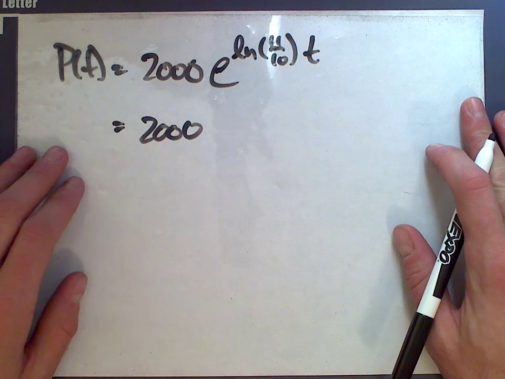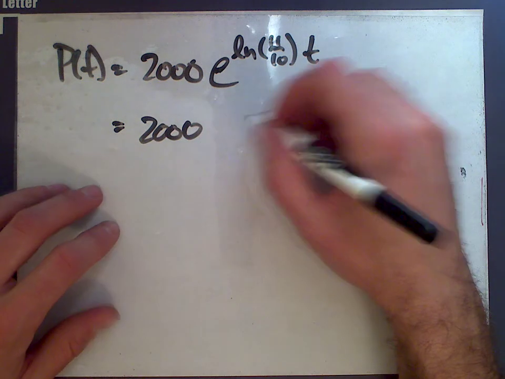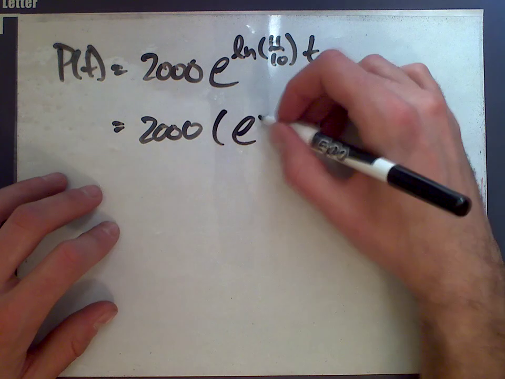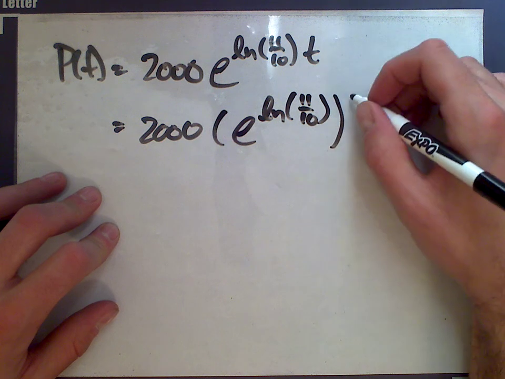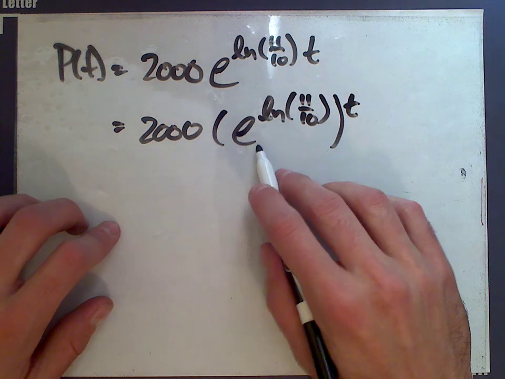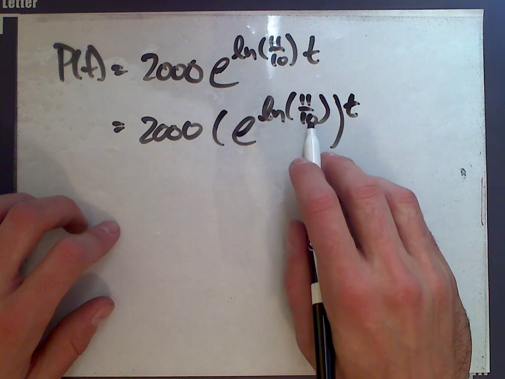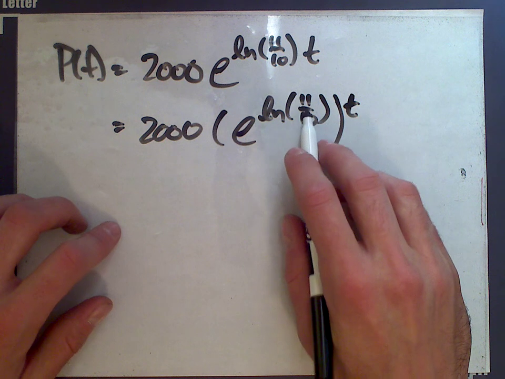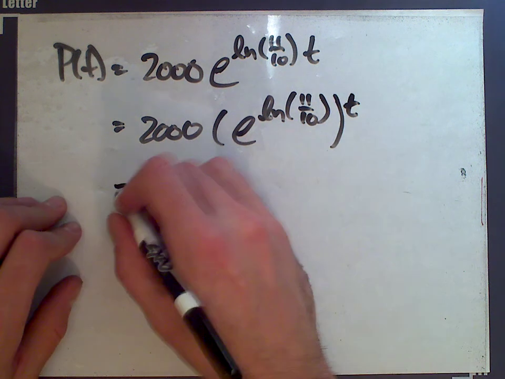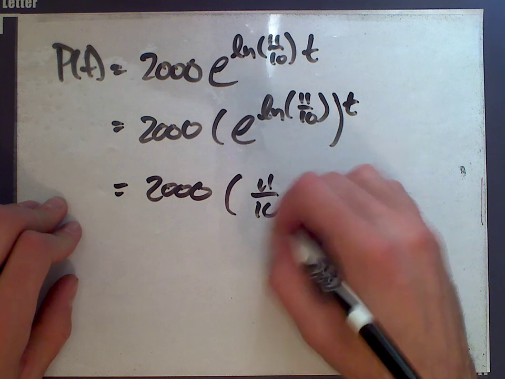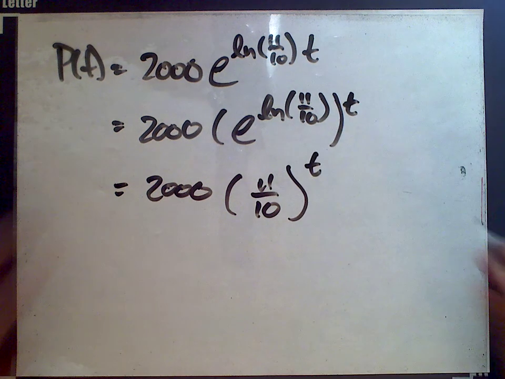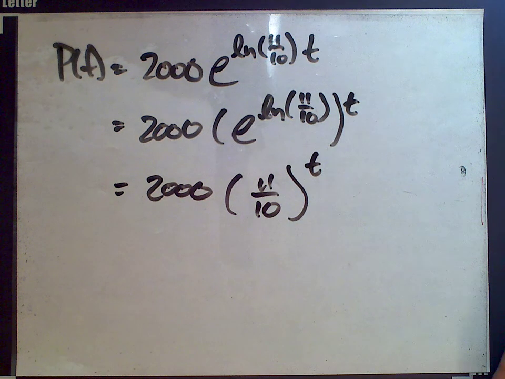What we get is e to the power of ln of 11 over 10, and then that's raised to the power of t. And then e to the power of ln of x is x. So in our case, x is 11 over 10. We write this as 2,000 times 11 over 10 to the power of t. This is because e to the power of something and ln are inverse functions.